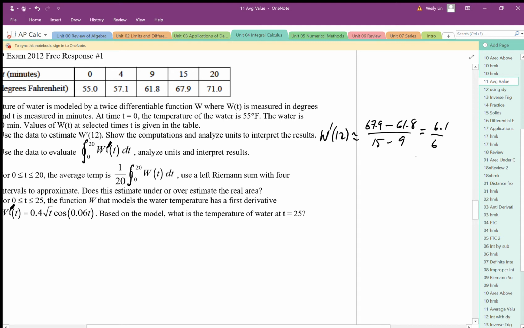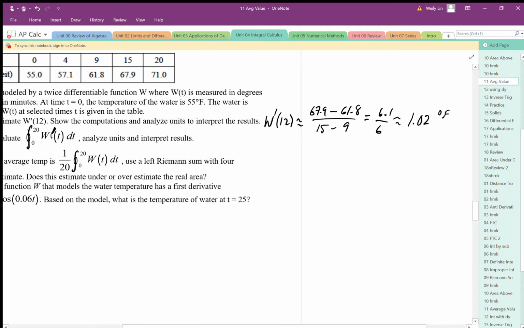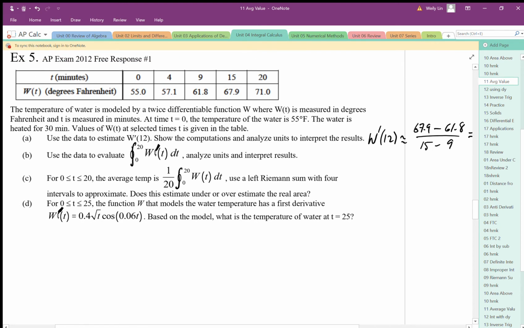As a decimal value, that's 6.1 divided by 6, approximately 1.02 degrees. I think this is Fahrenheit per minute. Okay, so that is how we would find estimates of slopes when we don't actually have a coordinate there.